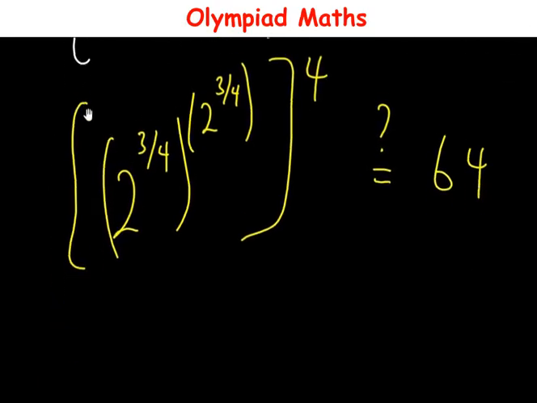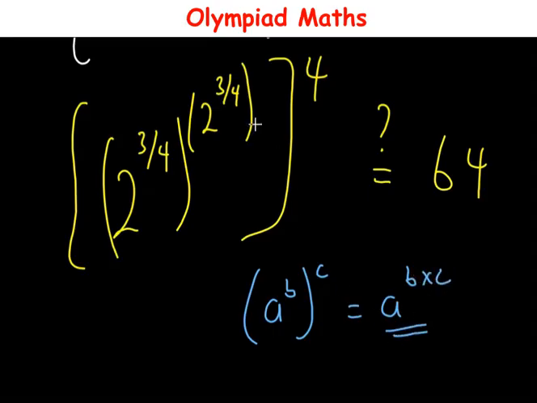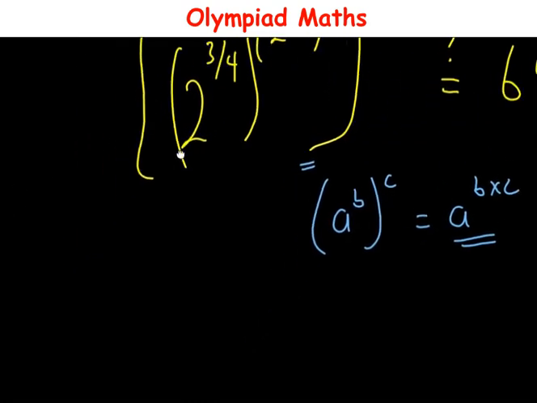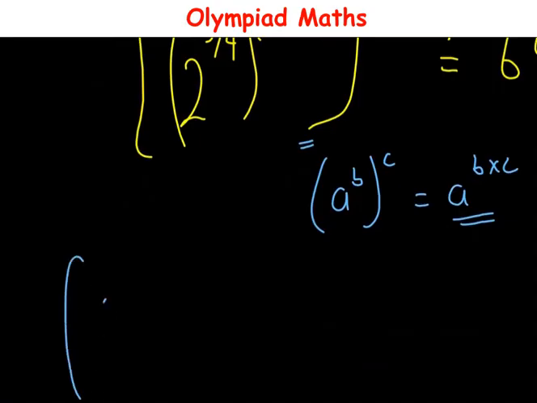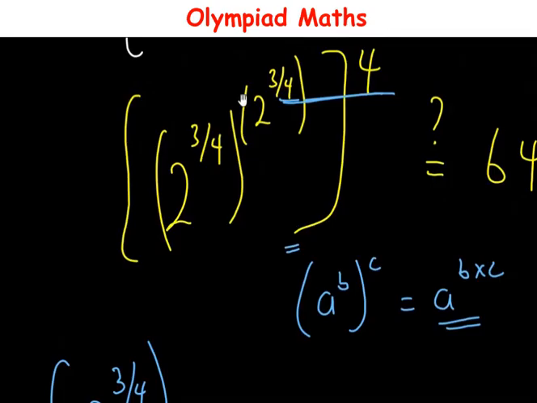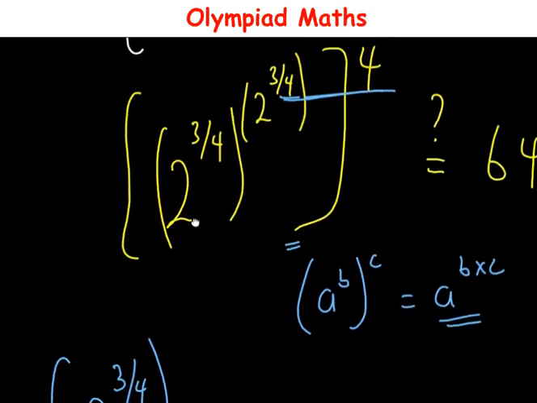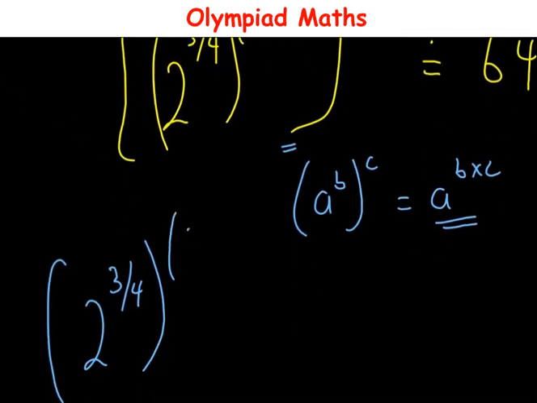Applying this rule of indices, that if you have in brackets a raised to power b, all raised to power c, this equals a raised to power b times c, 3 over 4 will multiply power 4. So this becomes 2 raised to power 3 times 4, which is 12, over 4.